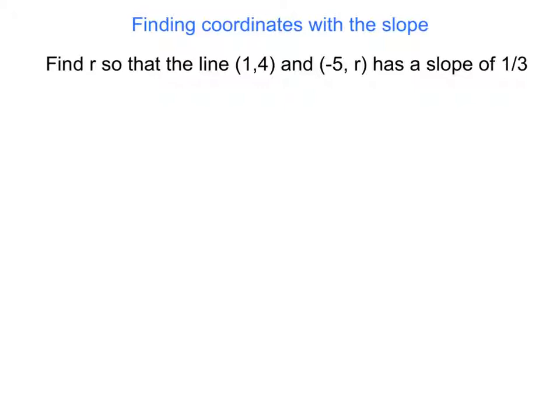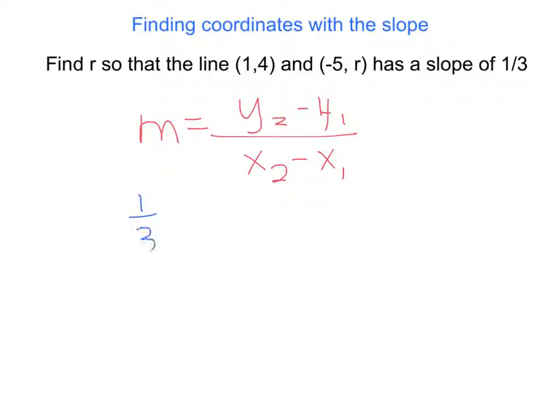We can also find coordinates when we're given the slope of a line. So you want to plug this in just as you would if it were an equation. We still have our m, so y2 minus y1 over x2 minus x1. My slope is 1/3. My y2 is what we don't know. My y1 is 4. My x2 is negative 5, minus my x1, which is 1.